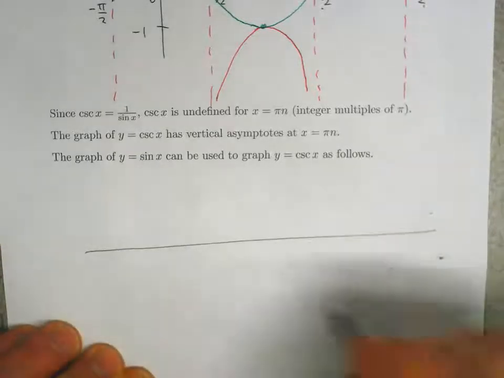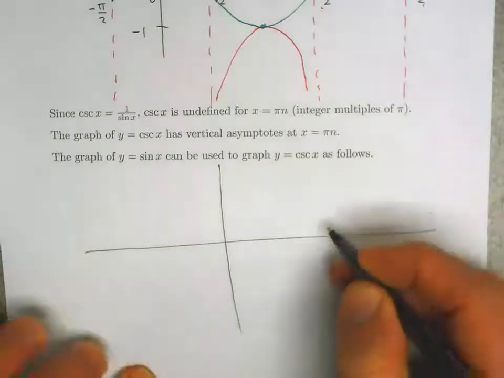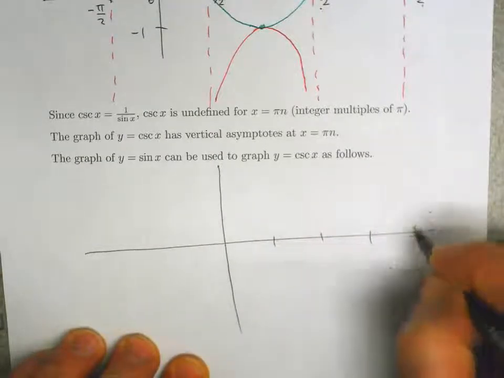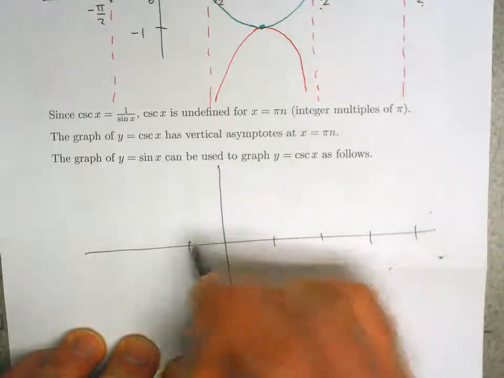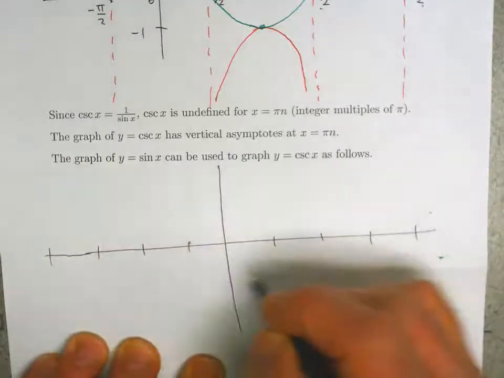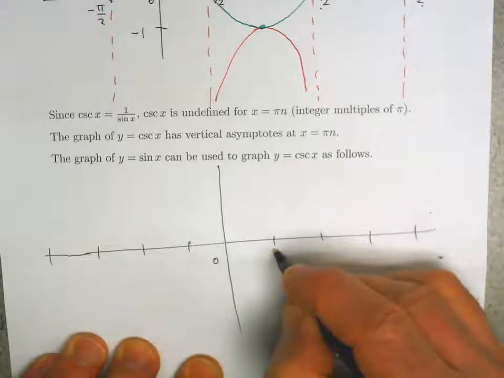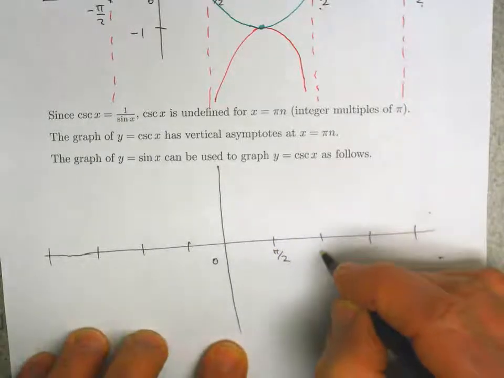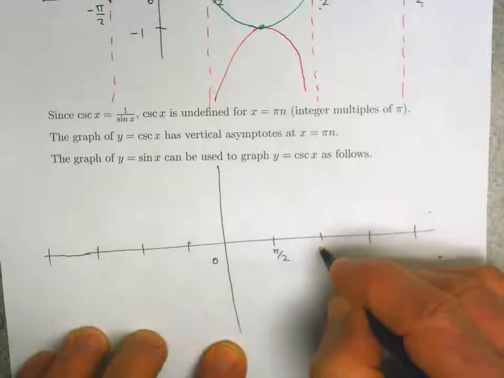So if we sketch a graph of y equals sine of x, the period of y equals sine of x is 2 pi.